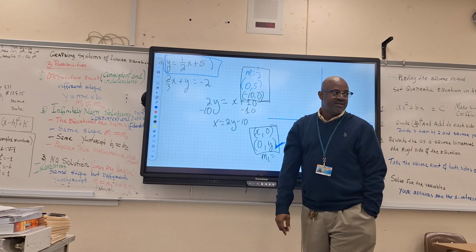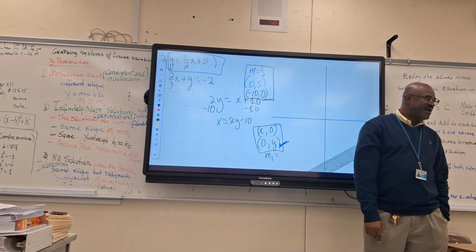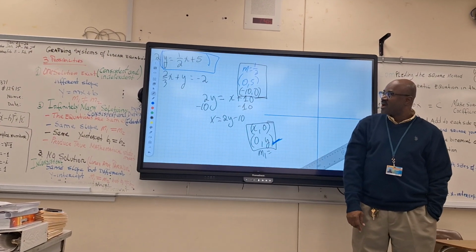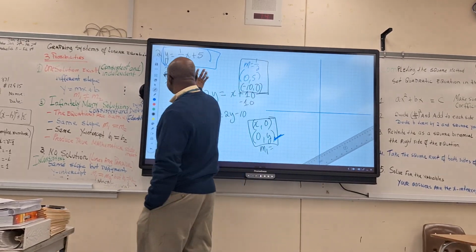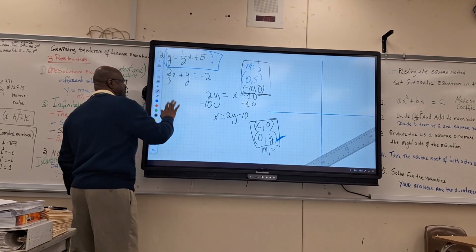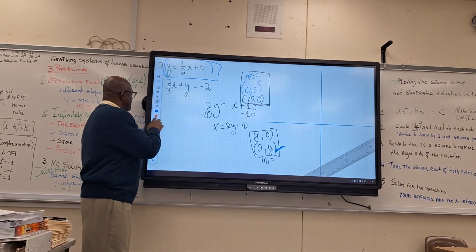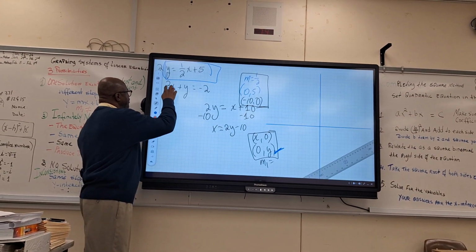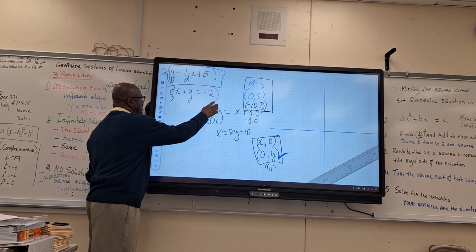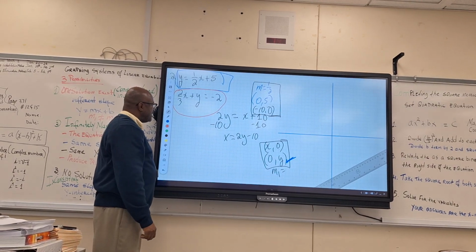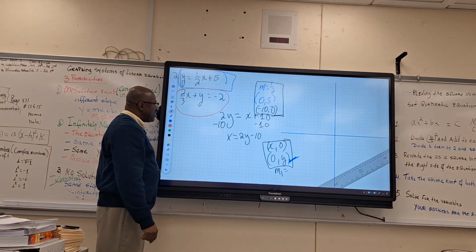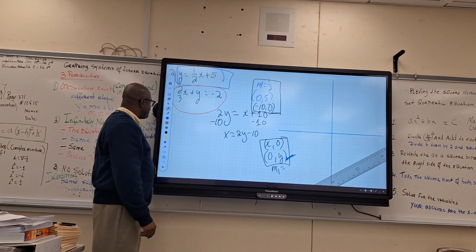Then you go to the other equation and do the same process again. Look at that equation. What form is that? Kind of standard, right? Let's put it in slope-intercept form, y equals mx plus b. Let's solve for y.